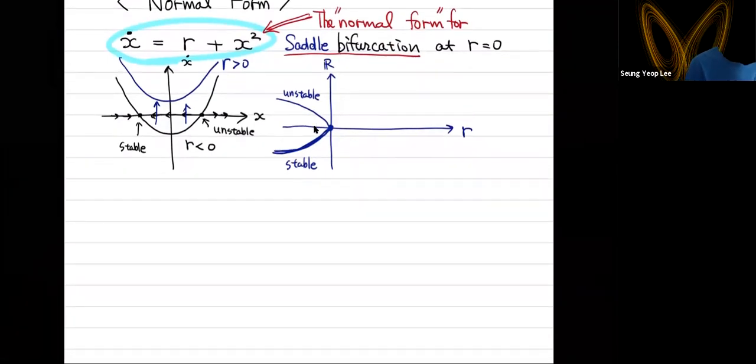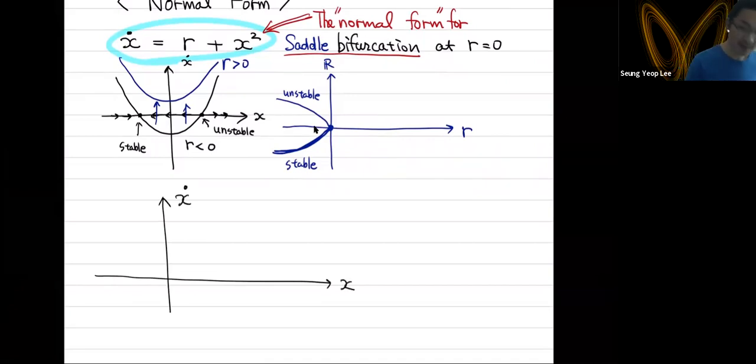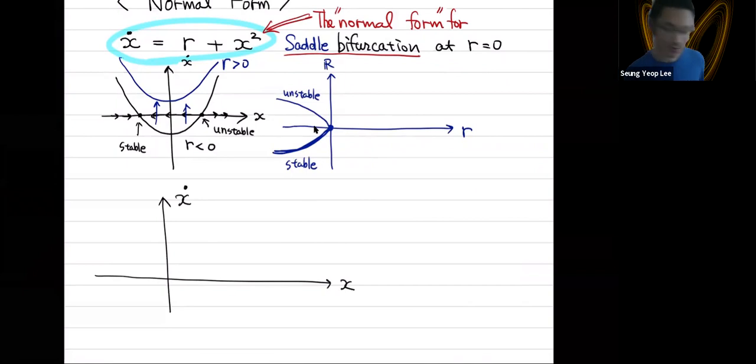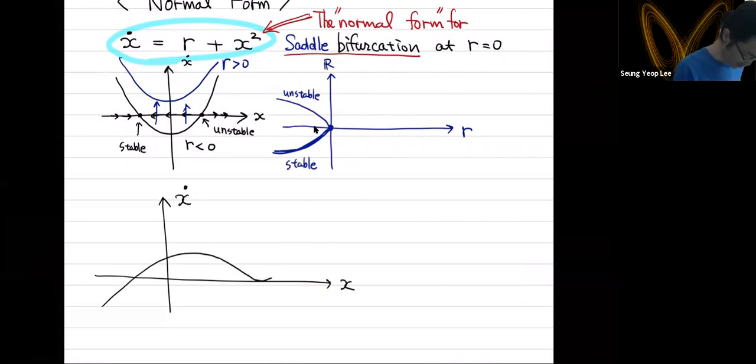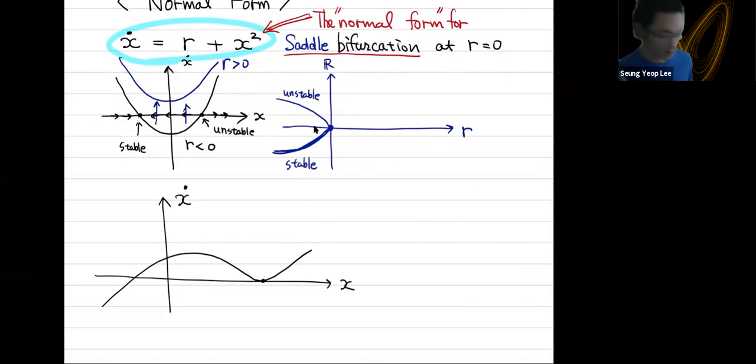So if I have any other complicated graph of x dot, then saddle bifurcation happens whenever you have such a local minimum touching the x-axis, and there's a certain parameter that moves this graph up and down.